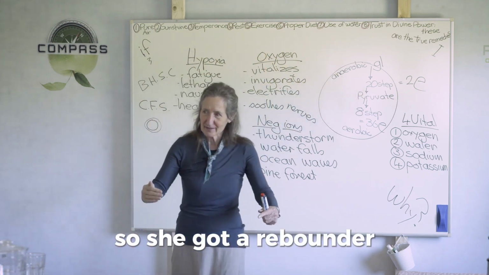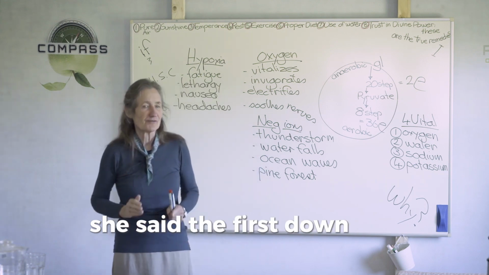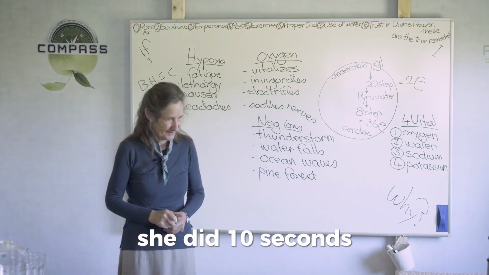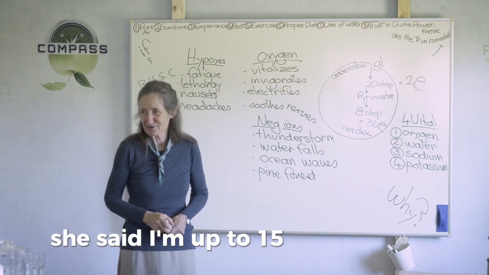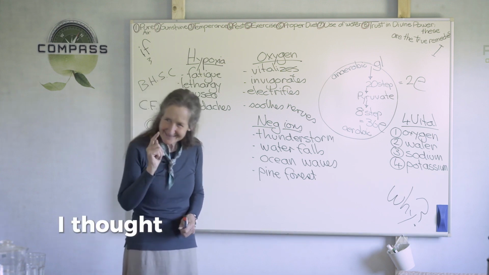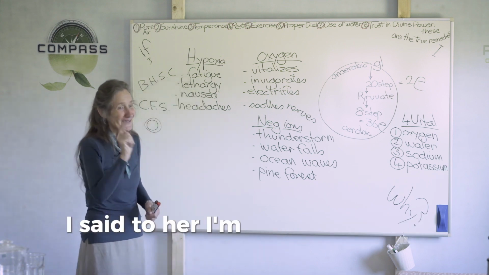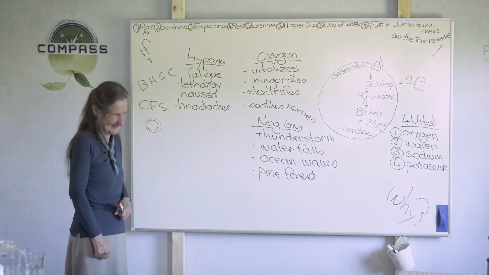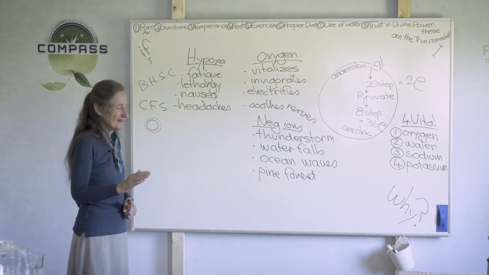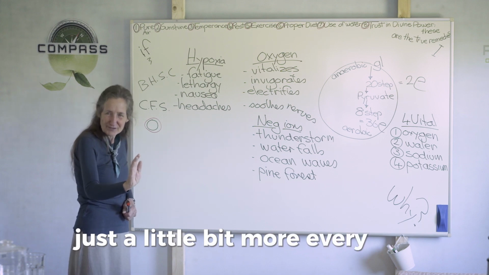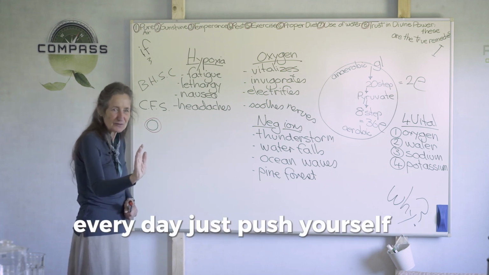So she got a rebounder. She said the first day on the rebounder, she did 10 seconds. She said, I'm up to 15 minutes now. I thought that was an excellent story. I said to her, I'm going to use that story, Sylvia. Just a little bit more every day. Just push yourself a little bit more.